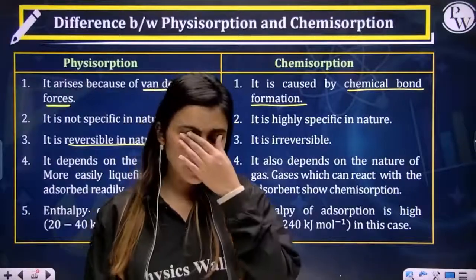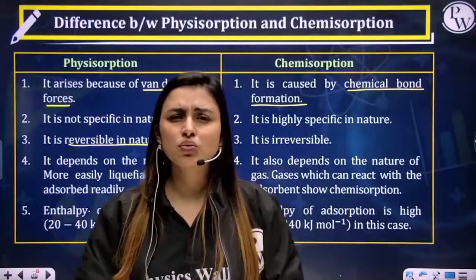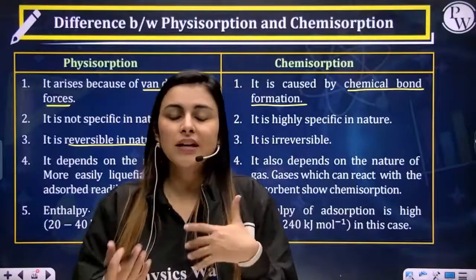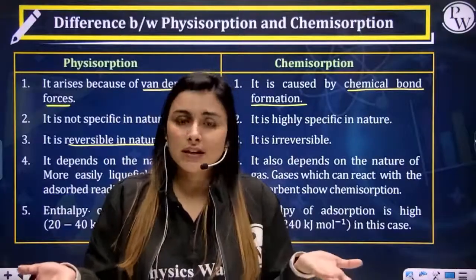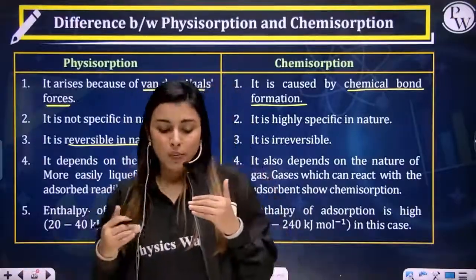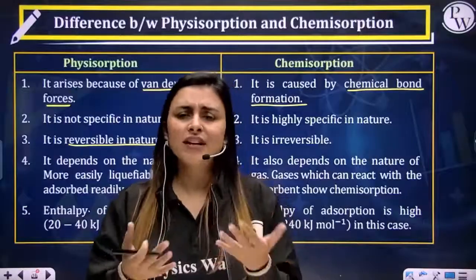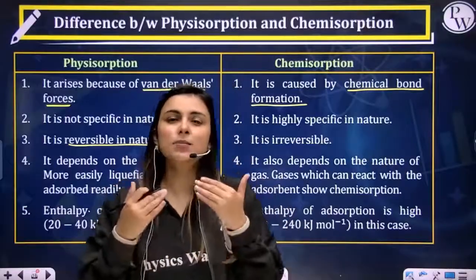Now try to understand. In physisorption, my dear students, there are weak van der Waals interactions, interactions which can be broken very easily. So what happens is a few of the gas particles are on the surface and the interaction is very weak, so they go back and other gas particles can come.